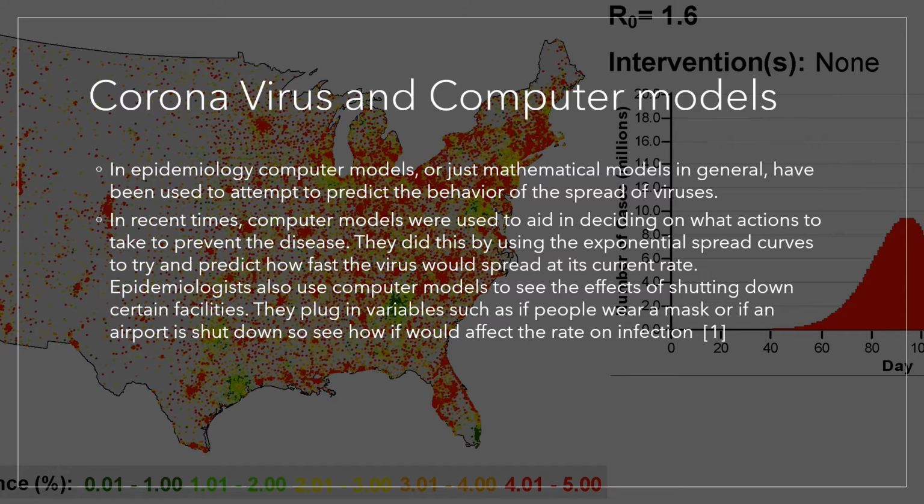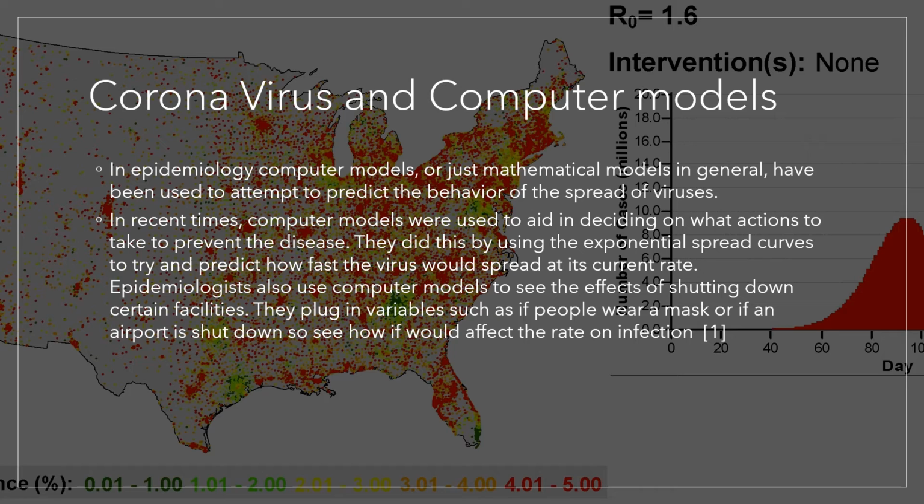Coronavirus and computer models. In epidemiology, computer models, just mathematical models in general, have been used to attempt to predict the behavior and spread of viruses for a long time. In recent times, computer models were used to aid in deciding what actions to take to prevent coronavirus. They usually use exponential growth curves with the little information that they actually have to try to predict what would happen, like how the curve would look, using the current infection rate.